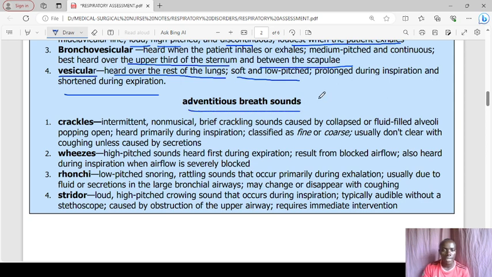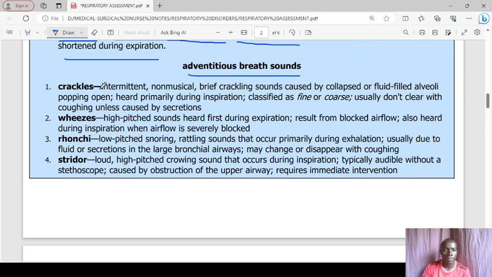The adventitious breath sounds, these are the abnormal breath sounds. So we have crackles. These are intermittent, non-musical, brief cracking sounds caused by collapsed or fluid-filled alveoli popping open. They are heard primarily during inspiration and are classified as either fine or coarse, and usually don't clear with coughing unless caused by secretions.